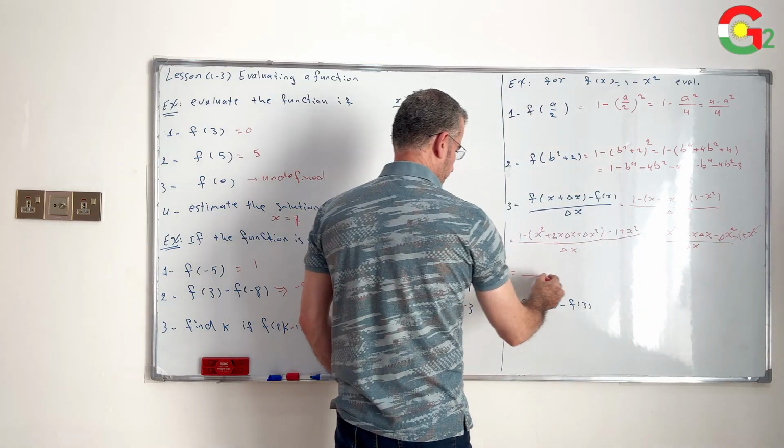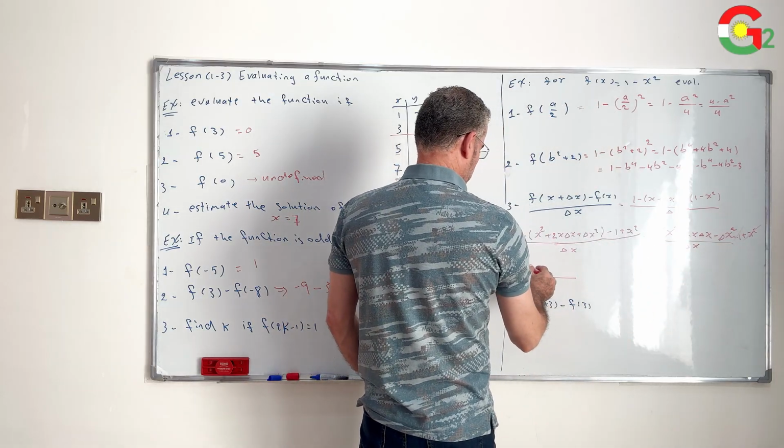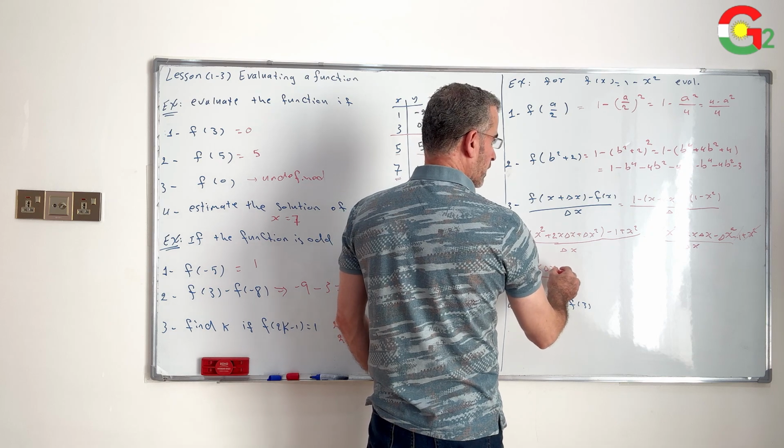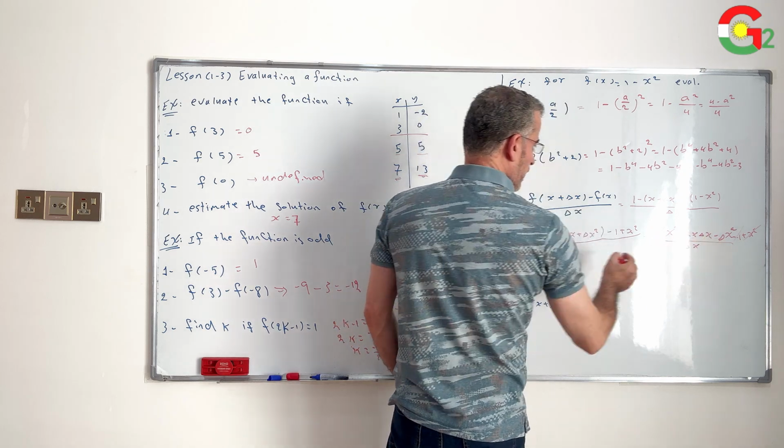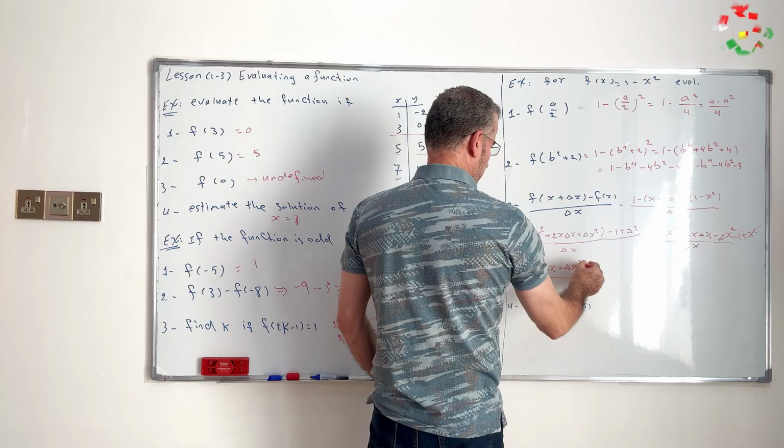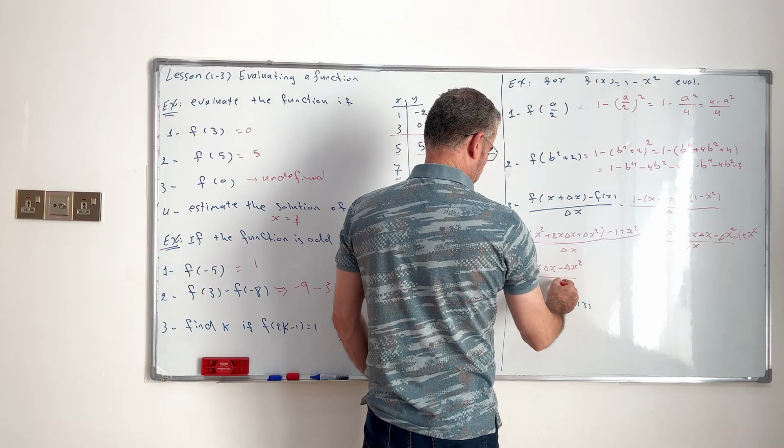It will be minus 2x delta x minus delta x squared over delta x.